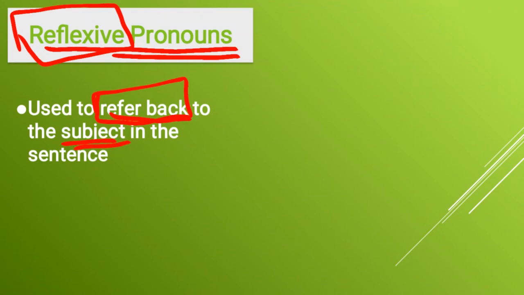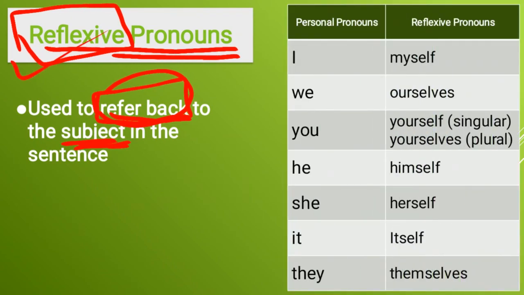So here we are using some personal pronouns in the beginning of the sentence, subject pronouns, isn't it, children? So those subject pronouns are referred back to by some words that are called reflexive pronouns. Yes, now let's see some reflexive pronouns for personal pronouns.